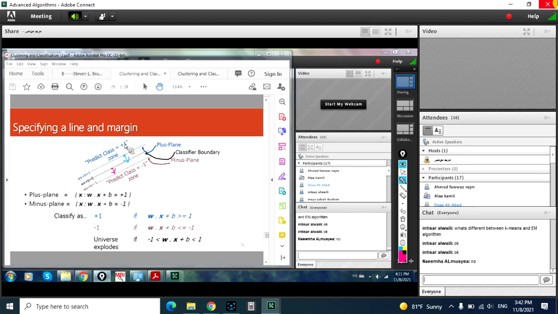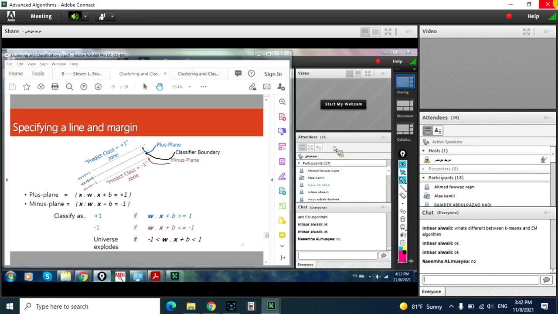Totally, I can say that we consider the area between two lines, between these margins, and then we can obtain this equation. We don't know the w, we don't know the b, we only have x. X is our data.